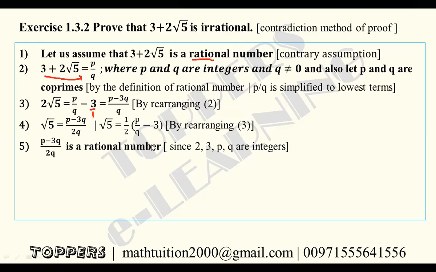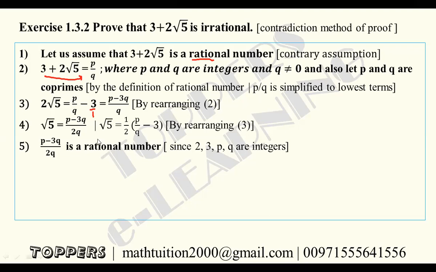Because 2, 3, p, q, all these numbers are integers. 2 and 3 we know are integers. P and q are integers, as in the general form. So p minus 3q is the numerator and 2q is the denominator, so p minus 3q by 2q is a rational number.